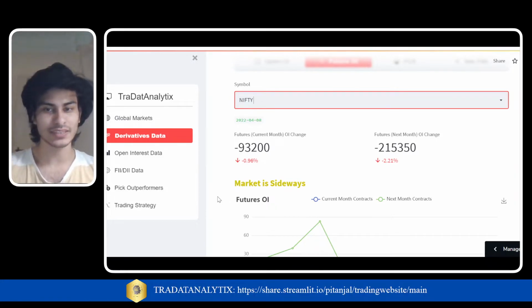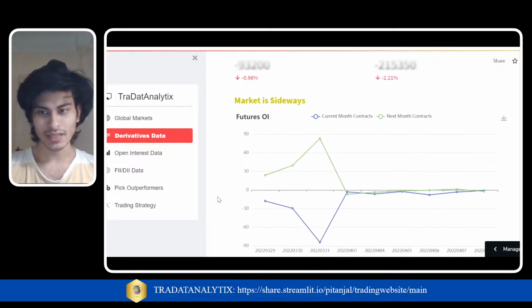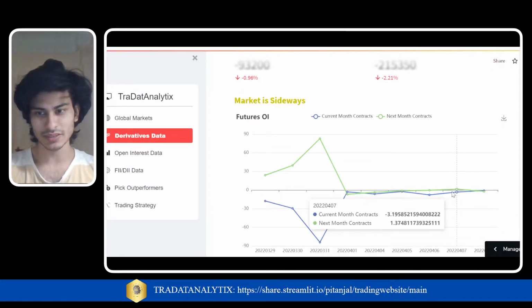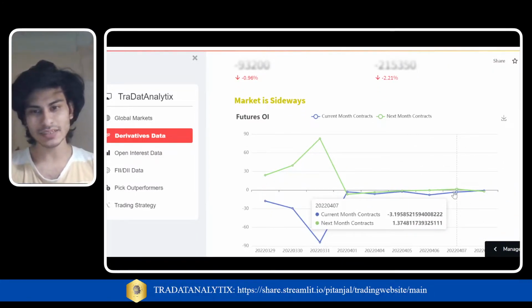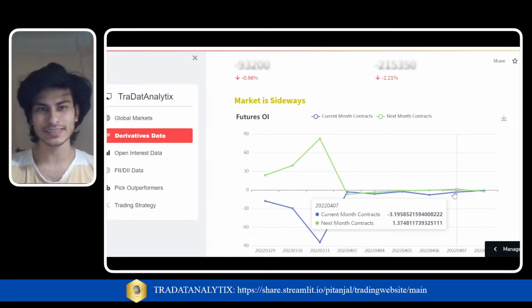That is what we see over here in this chart. This means that the market went up, but it is not going up with strong open interest. So open interest is not supporting the market movement.